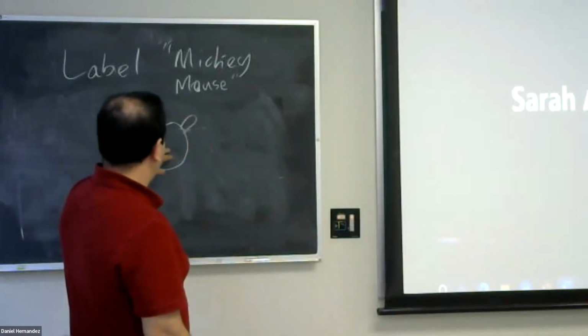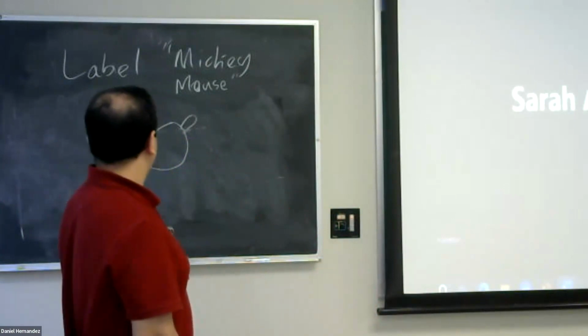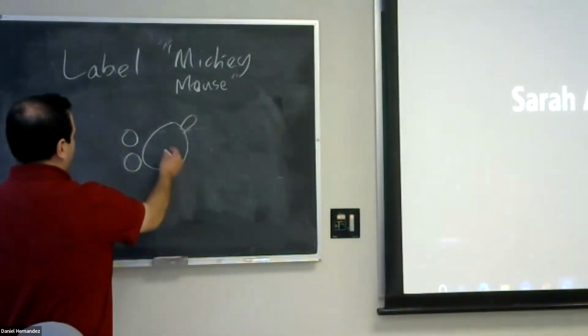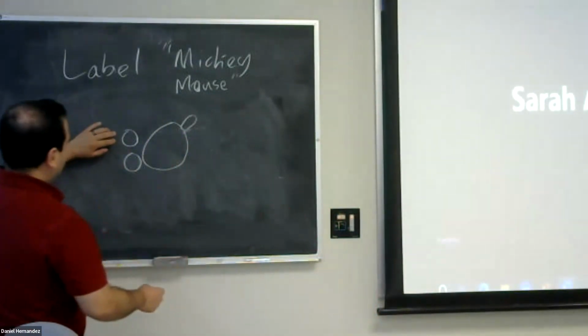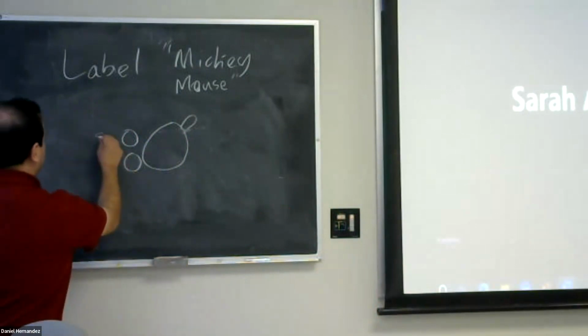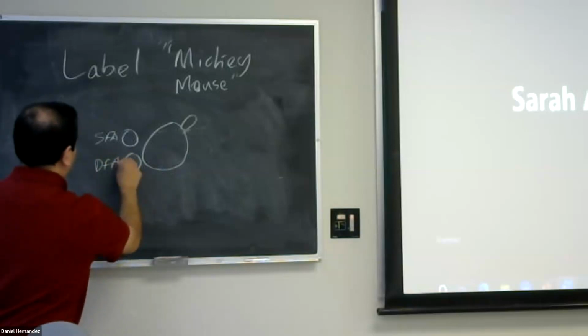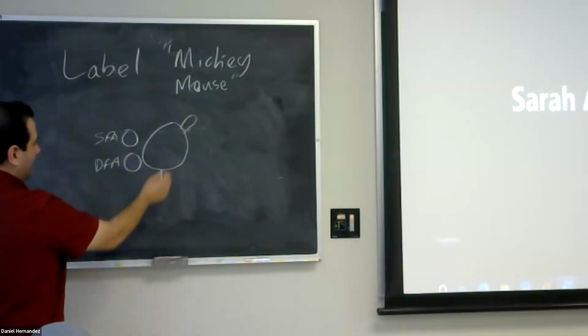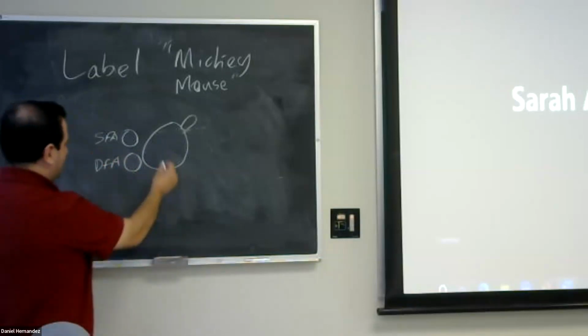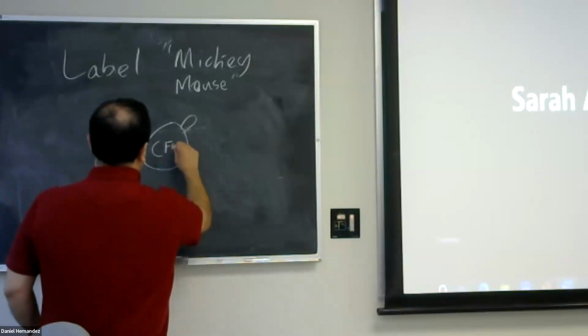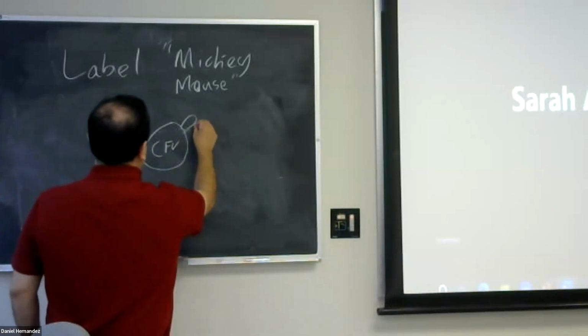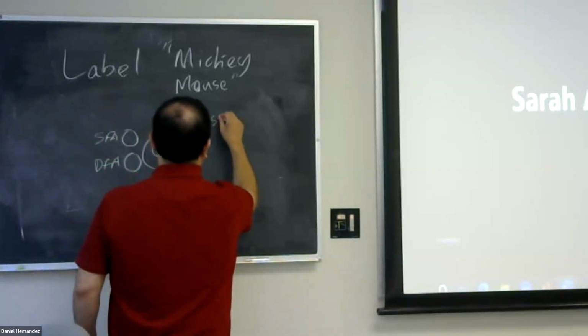So arteries and then vein. The more superficial one is going to be your SFA. Your deep one is going to be your DFA, deep femoral artery. The vein has not bifurcated or split yet, so this is still the common femoral vein. And then we have our GSV, or great saphenous vein.